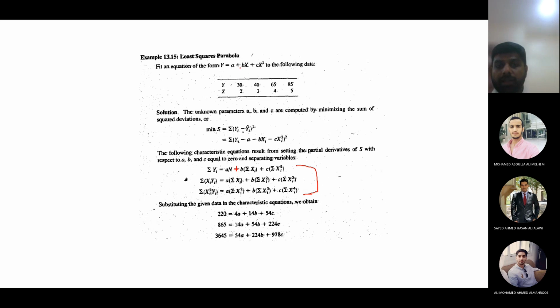If the form of the equation is this, then doing partial differentiation and putting them equal to 0 will always give you this answer. So you can directly use these equations whenever you are calculating a, b, and c. So solve these equations and give me the values for a, b, and c. You just have to simultaneously solve these three equations: three variables, three equations.